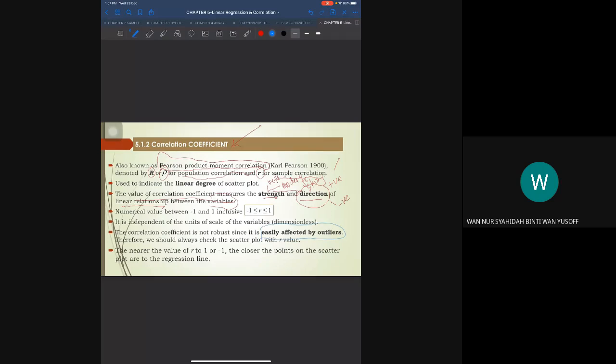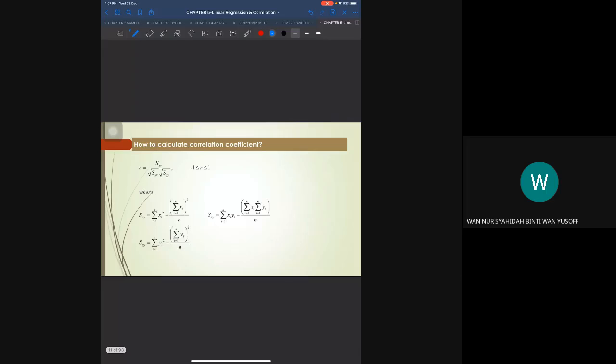It is the same reason why the mean, the average, is affected by the outlier, because when we calculate the mean, it is about the summation of the data. It is similar here. When we calculate r, it involves Sxx, Syy, and Sxy, so we calculate the sum of X and the sum of Y. So it will be affected by the outlier if we have an outlier in a data set, because it is about the sum of the data.